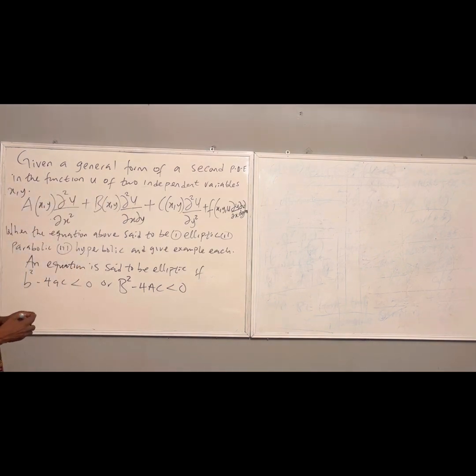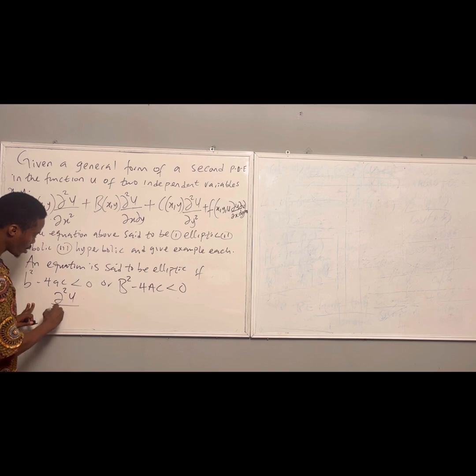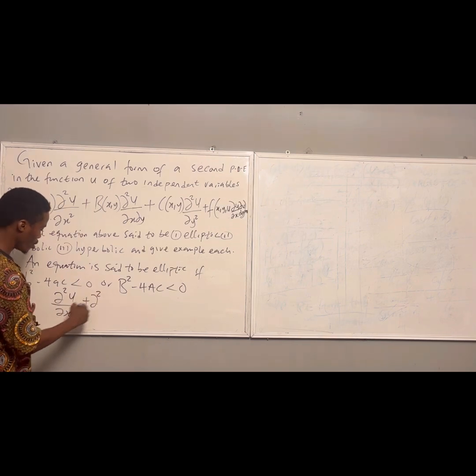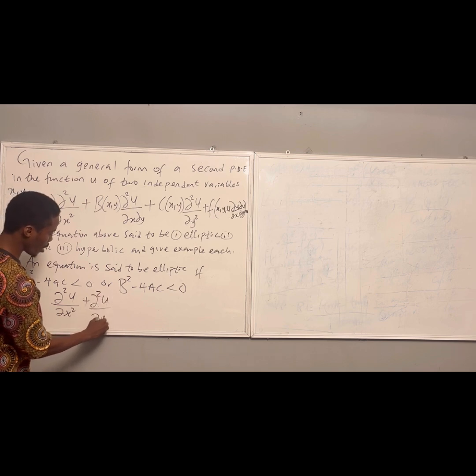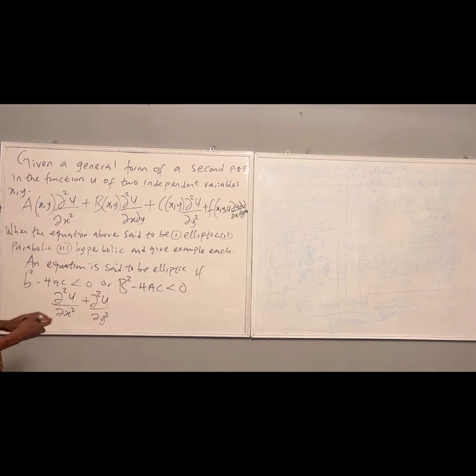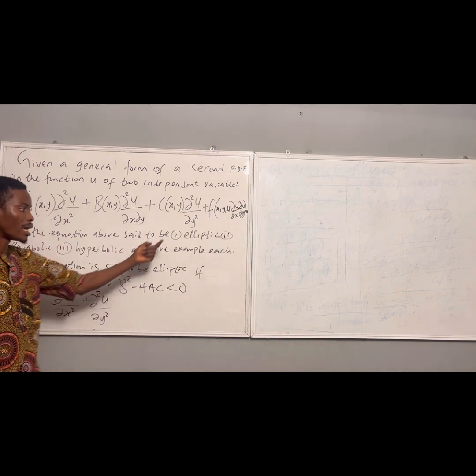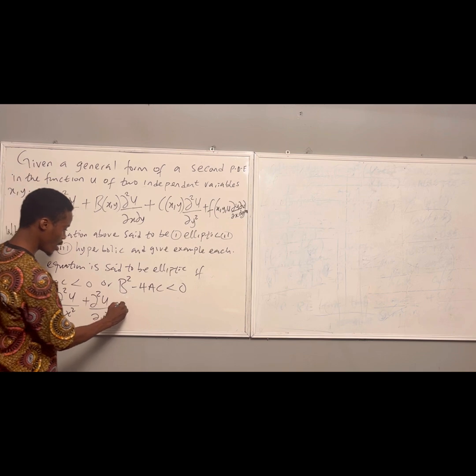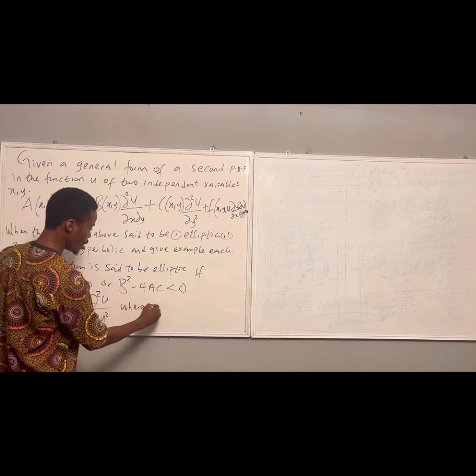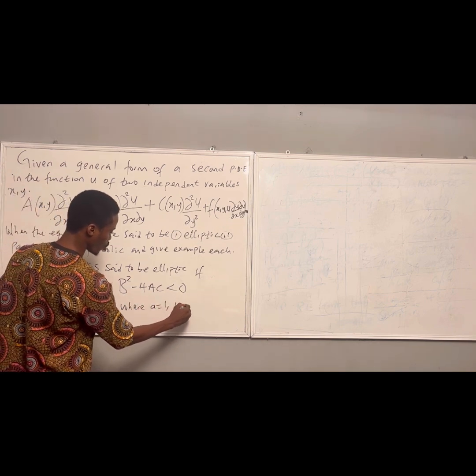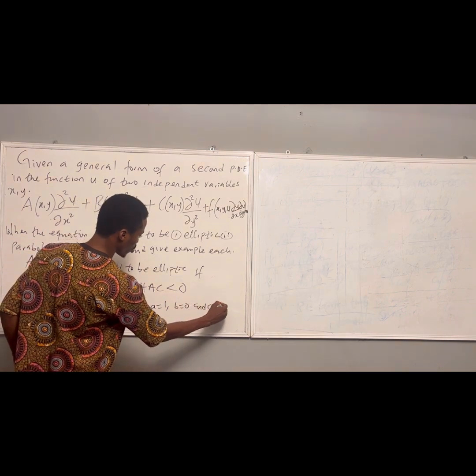Either of the two. And for this equation to be an elliptic, it must be in the form of ∂²u/∂x² + ∂²u/∂y². If the equation is in this form, it is an elliptic where a is equal to 1, b is equal to 0, and c is equal to 1.